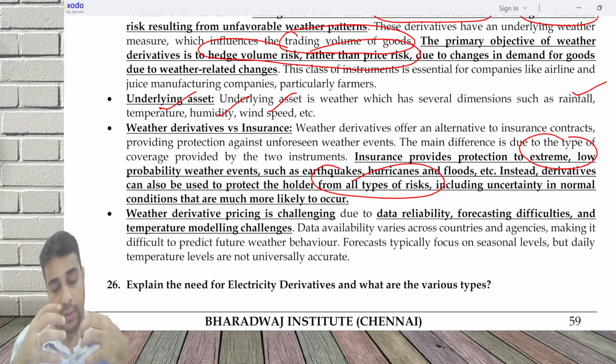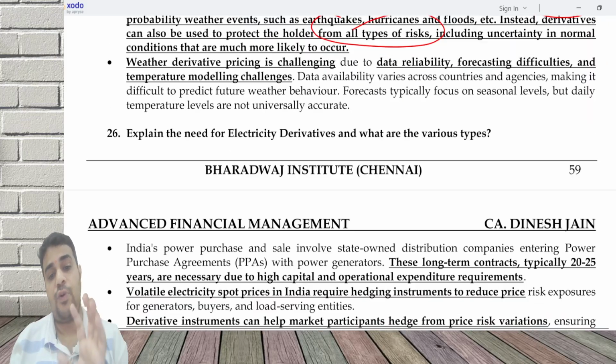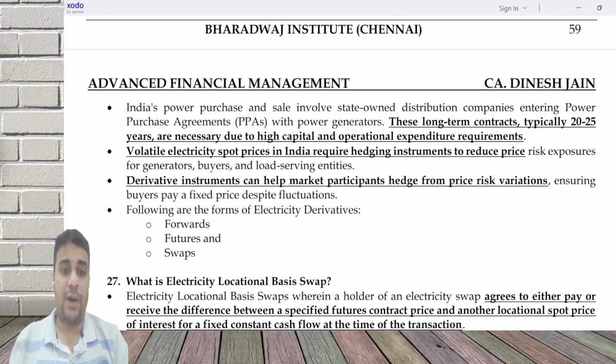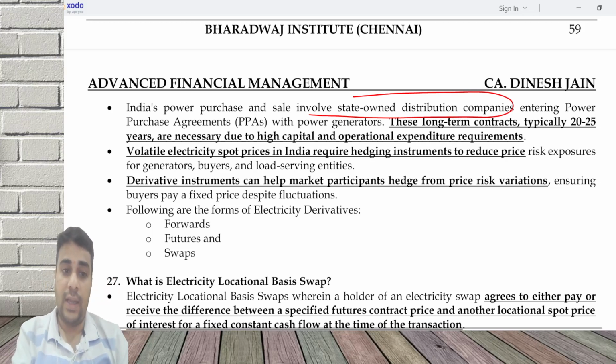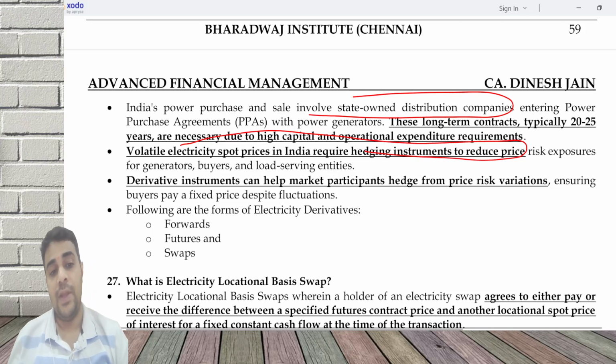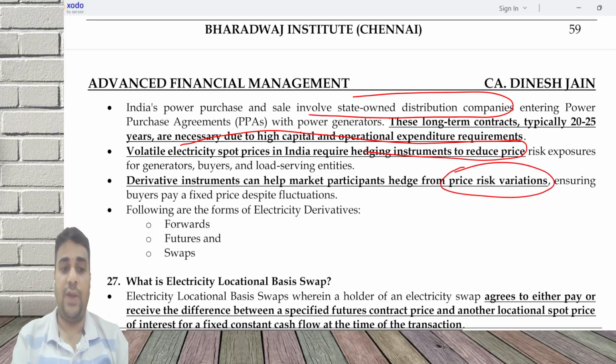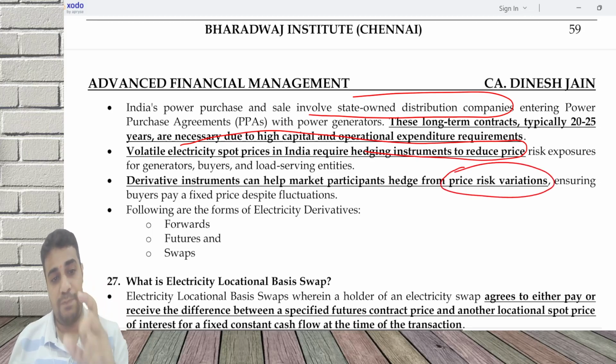So you have a price risk for another 20-25 years. So electricity derivatives are more for price risk. India's power purchase and sale involves state-owned distribution companies entering PPAs for 20 to 25 years. Volatile electricity prices require a hedging instrument to reduce price risk exposure for generators, buyers, and load serving entities. It can help hedge price risk variation. The purpose is to protect against price risk.